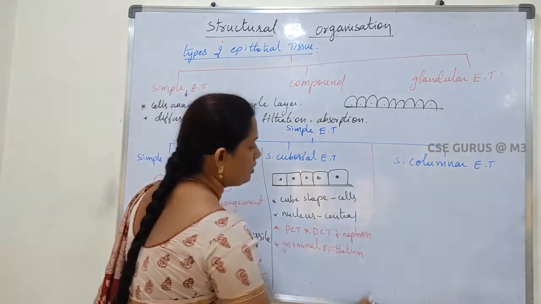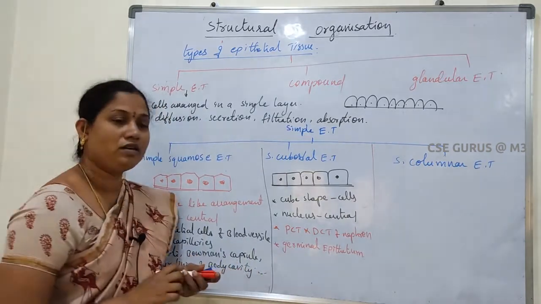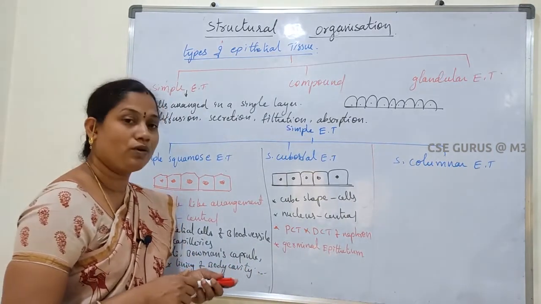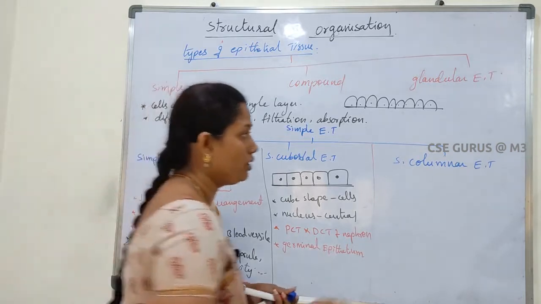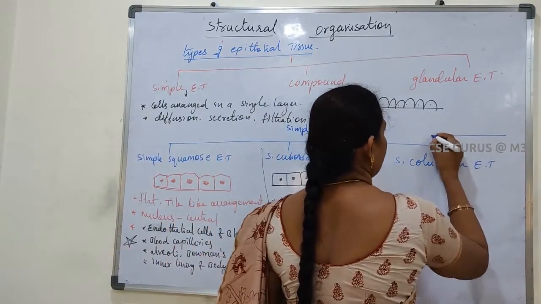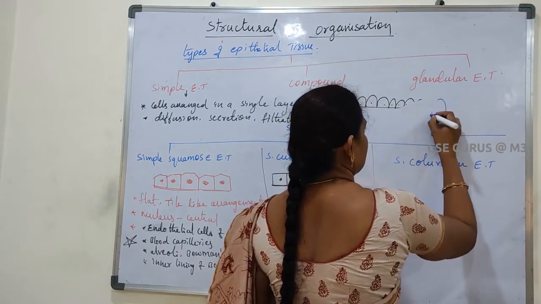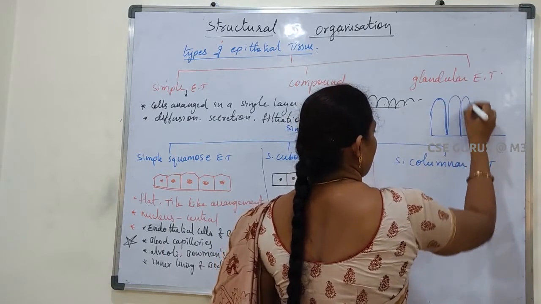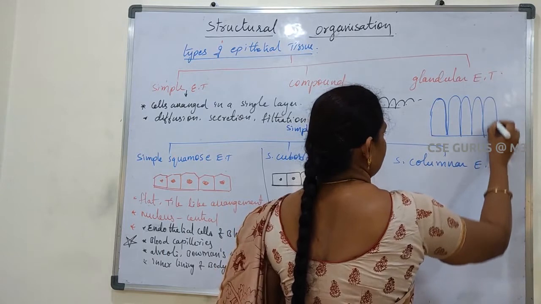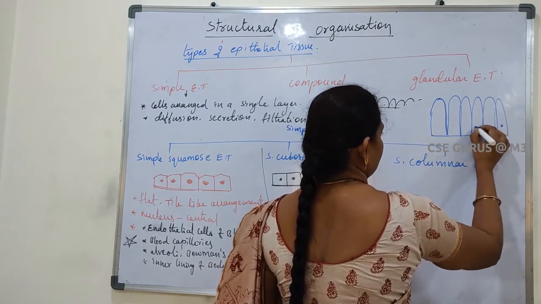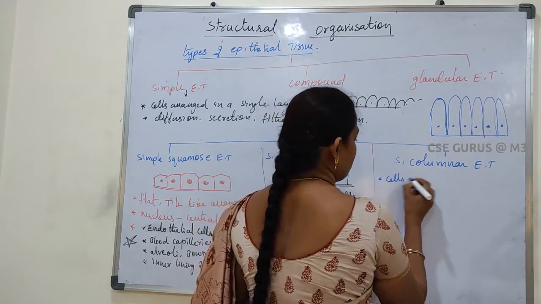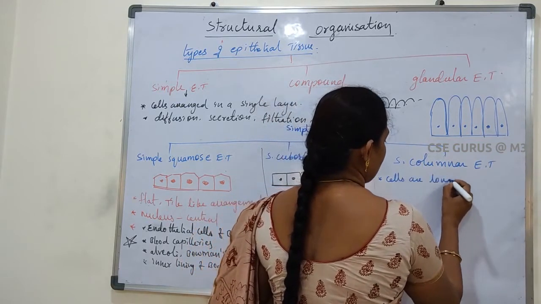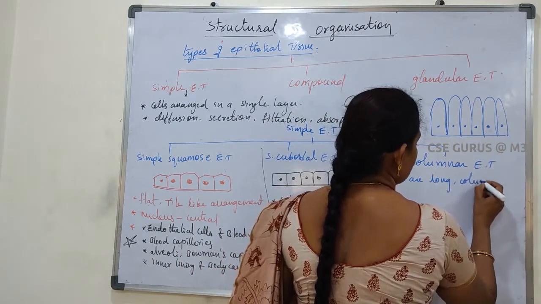Next, columnar epithelial tissue. Columnar epithelial tissue means here the cells are column shaped. For example, like this. Cells are long, column shaped.